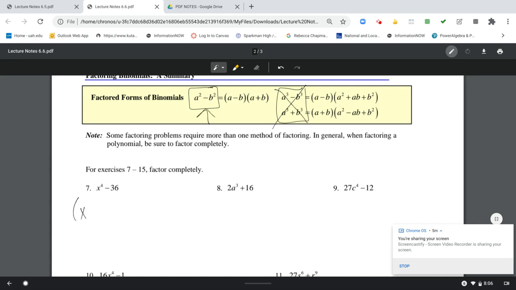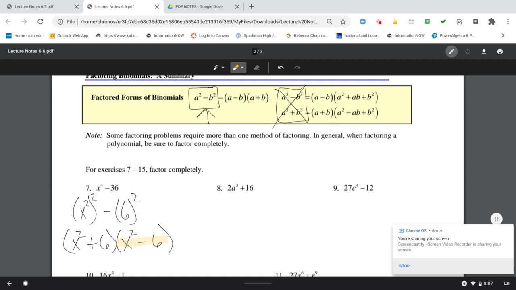So that would be x squared squared minus 6 squared, and that would give me x squared plus 6 and x squared minus 6. Now, before I say that this is my answer, I do have to check and make sure that that is not an additional difference of squares.